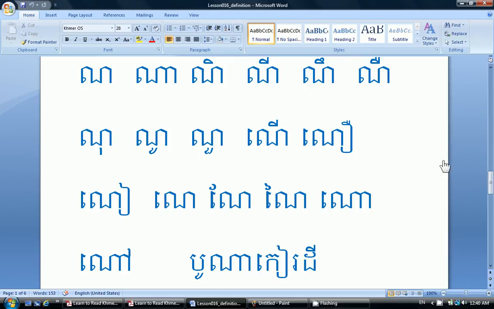So here is the consonant naw with all the vowels that we have learned so far, along with the phrase that we just learned. Okay, so in this section we are learning to say the consonant, the sound of the vowels, and then the word. Let's say it together. Start with naw.